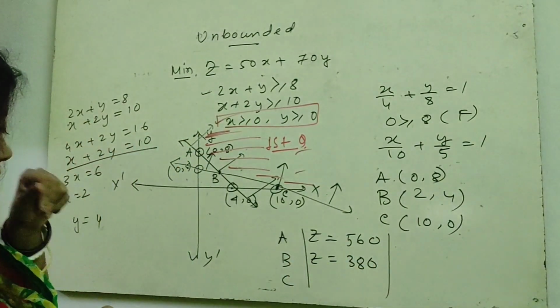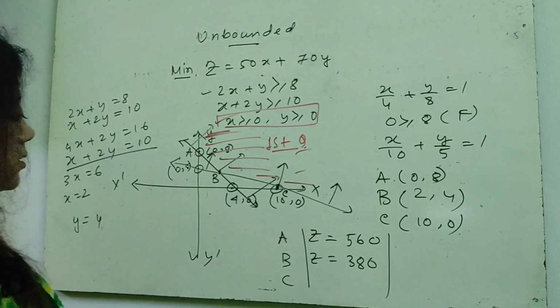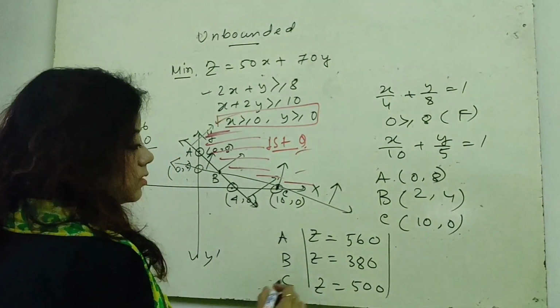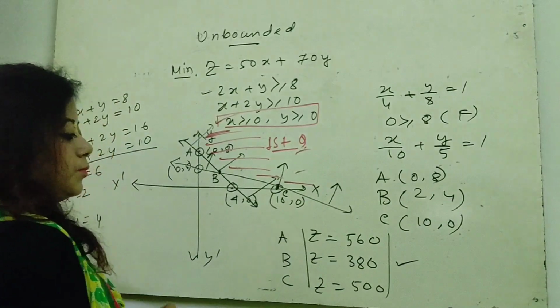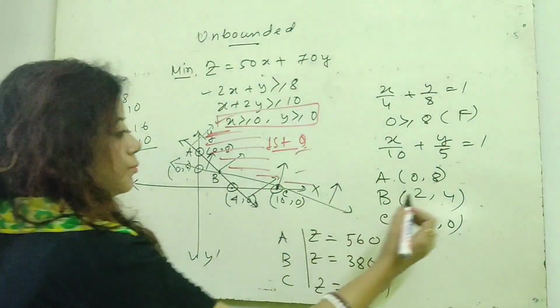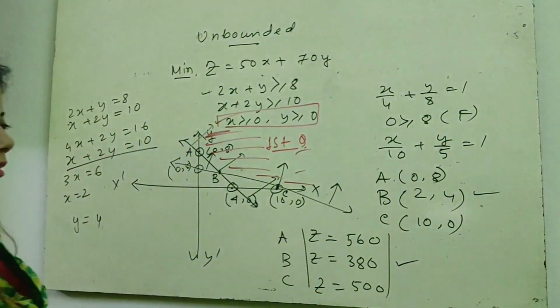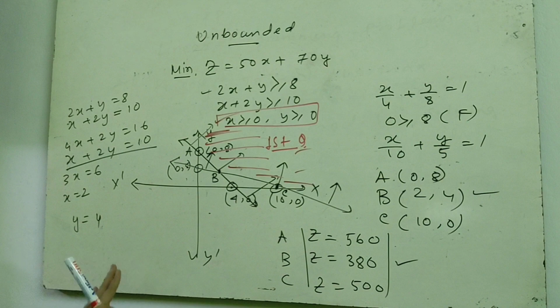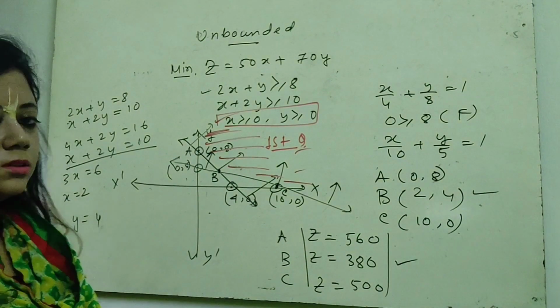For C, (10, 0), it is 500. So the solution is B. But there is another step to do. For the unbounded case, the solution is not over here. There is another step to do. So please take a screenshot.